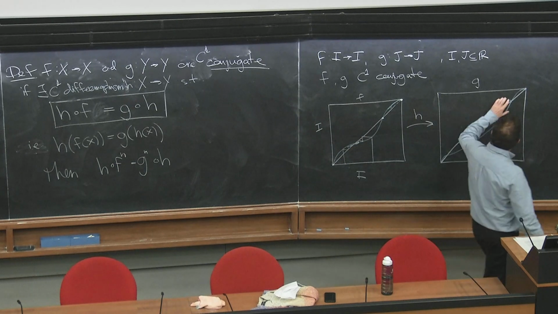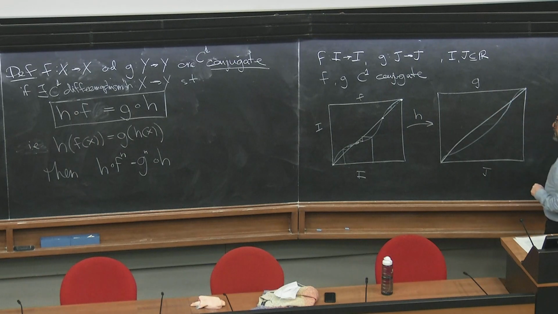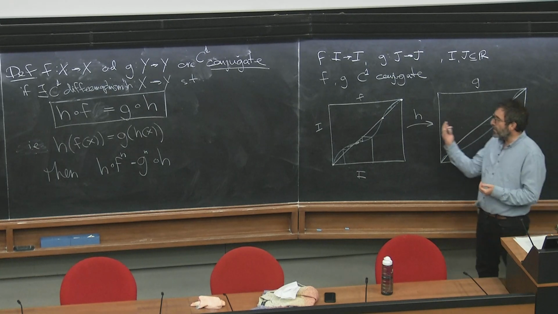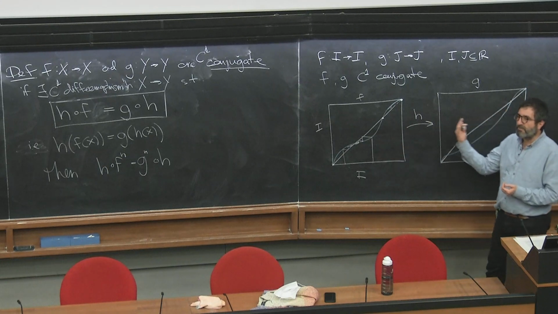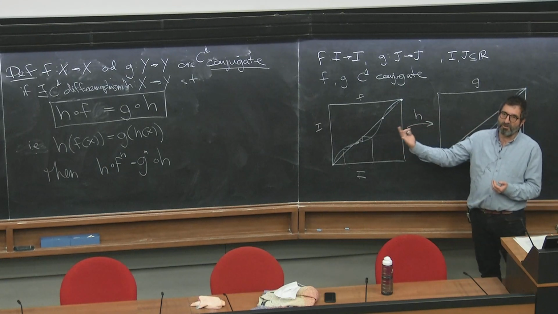So let's explore this a little bit. Maybe it's not that easy to actually arrive at the solution, but let me say that maybe the derivative, if it's C1 conjugate, maybe it should also say that there is some relation between the derivatives of these two, right?